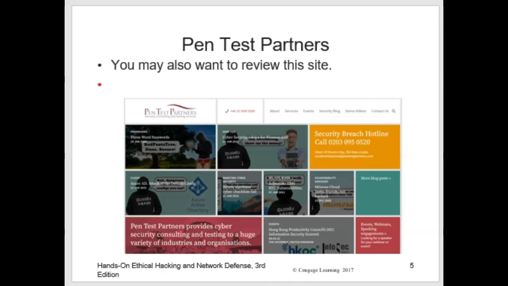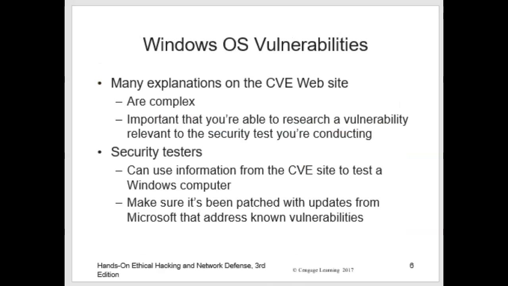Now as pen testers, there are other sites that are available to us, right? You may want to review this site. I found it very valuable. It's called PenTest Partners. And here's a picture of the site that you would go to, okay? You can Google that and find PenTest Partners, a British organization.